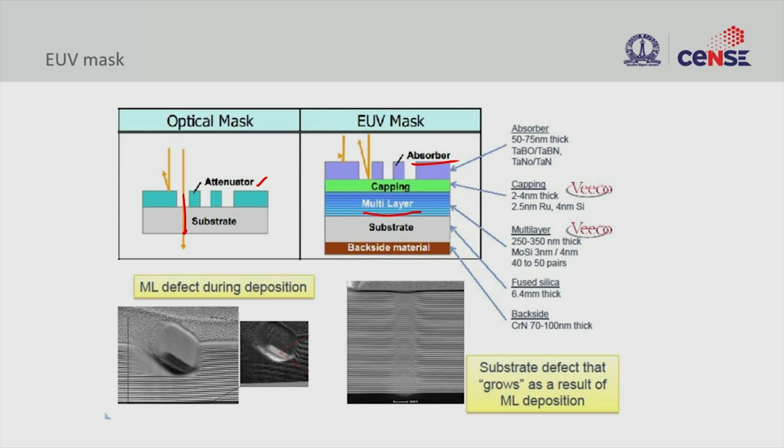These multi-layer reflectors use a combination of molybdenum and silicon. Multiple layers of molybdenum and silicon create this reflection, and that reflection is again captured through the optics, and this is protected by a capping layer.